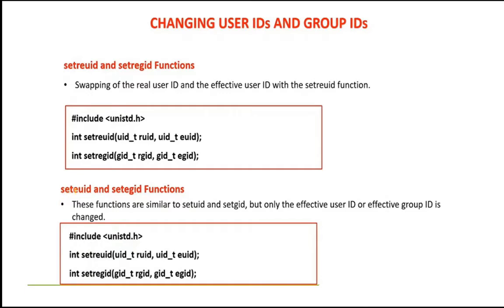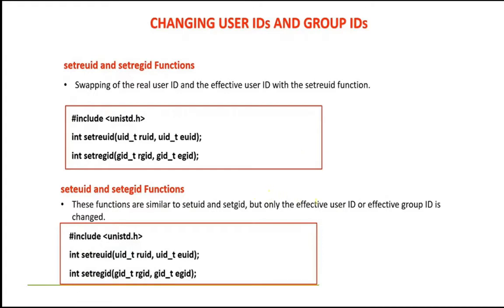Next is seteuid and setegid, that is for the effective user ID. These functions are similar to our setuid and setgid, but only the effective user ID or the effective group ID will be changed here.